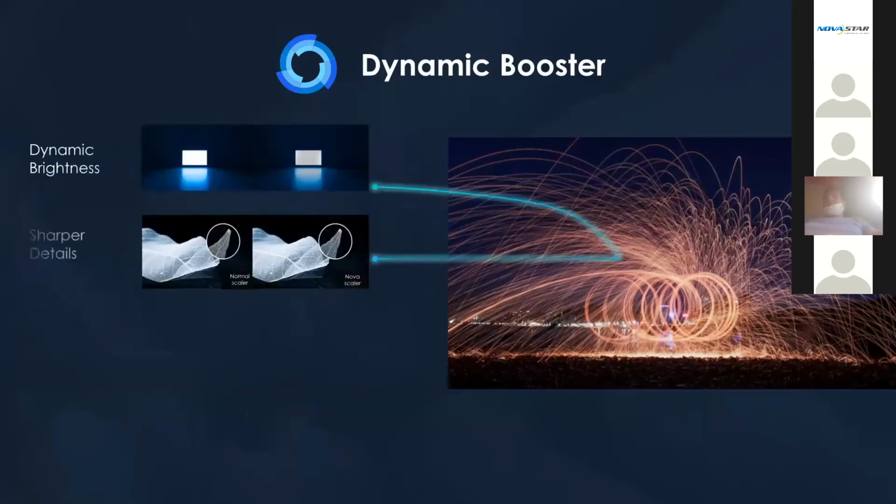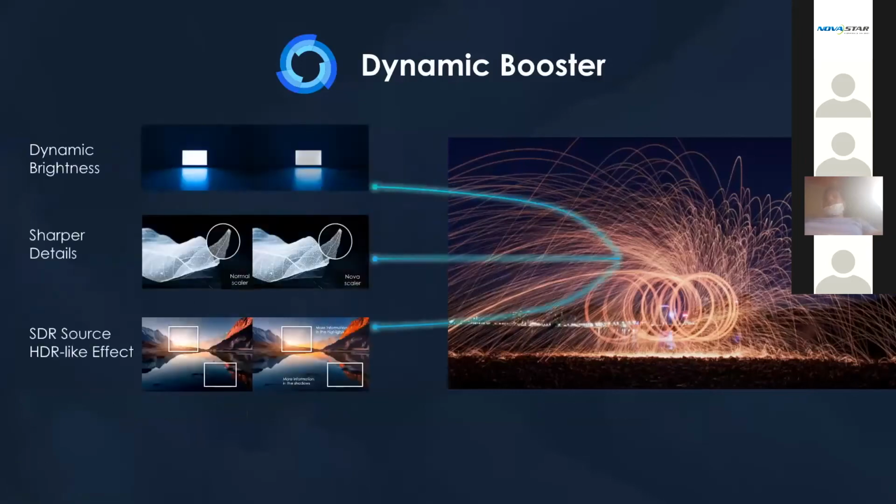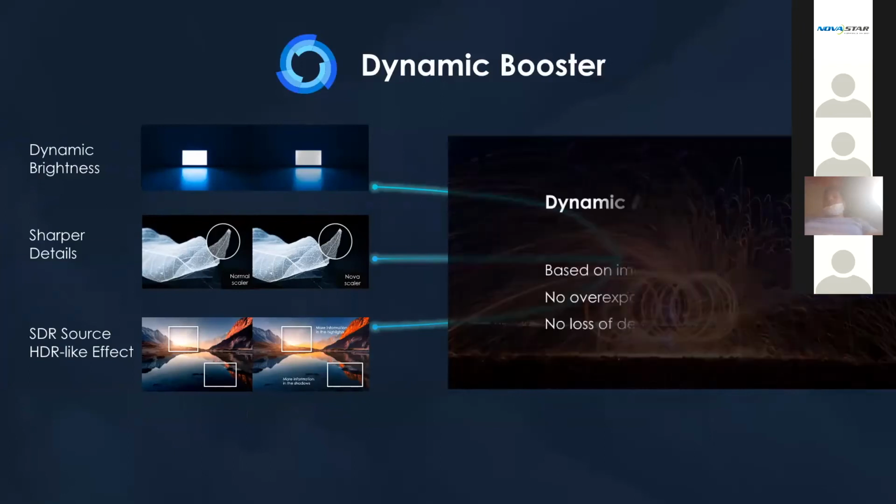With dynamic booster, the brightness and details can be adjusted to the ideal level. This way, even SDR source can present HDR-like effects. All of these changes are realized through our dynamic algorithm, which is based on image analysis frame by frame. So there is no overexposure in highlights and no loss of details in shadows.